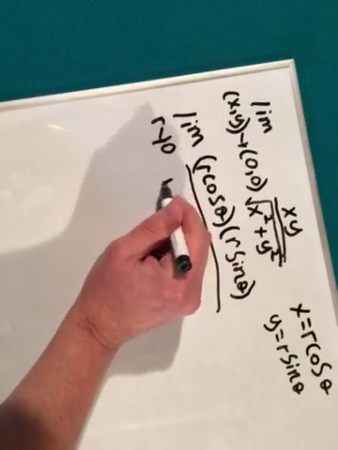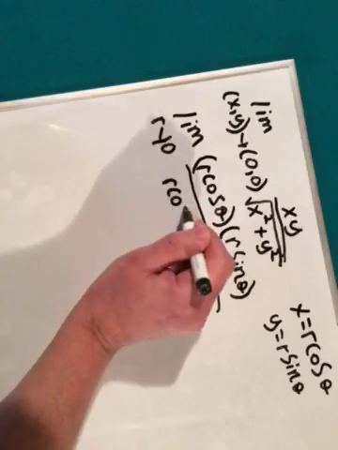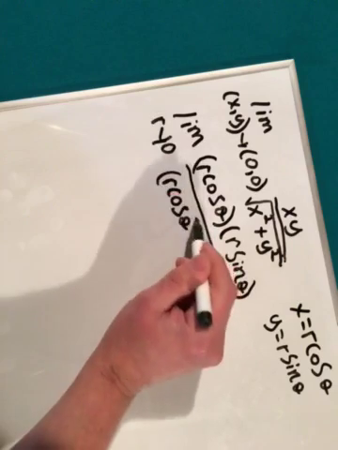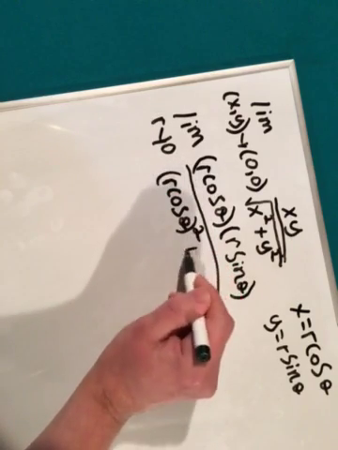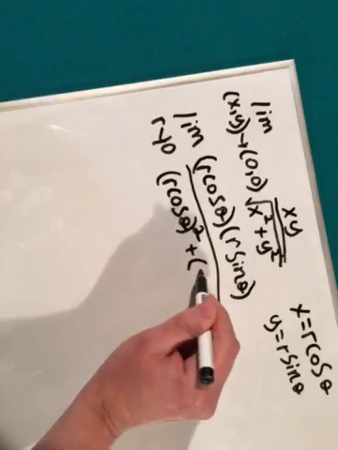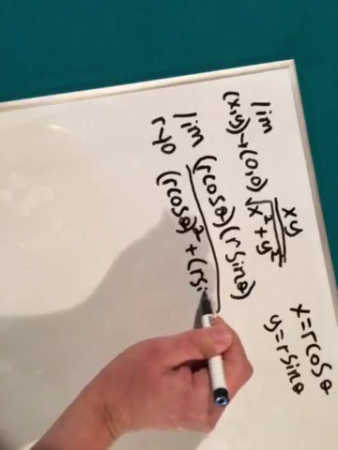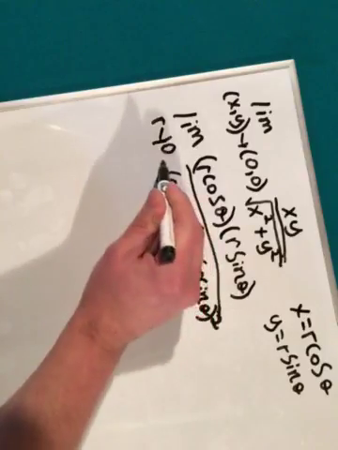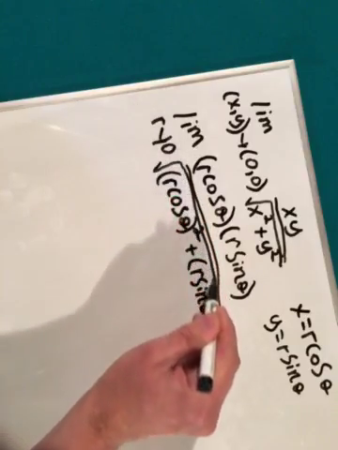That's r cosine theta all squared, plus y. Well, y is r sine theta, so we have r sine theta all squared, and then it's the square root of all that.